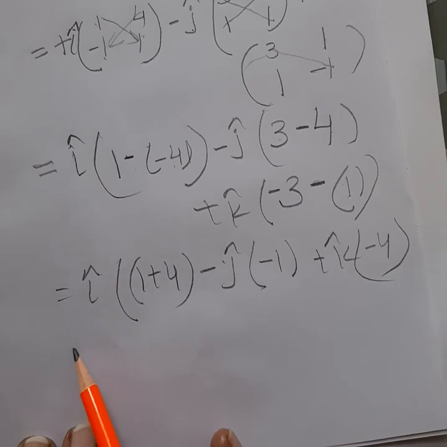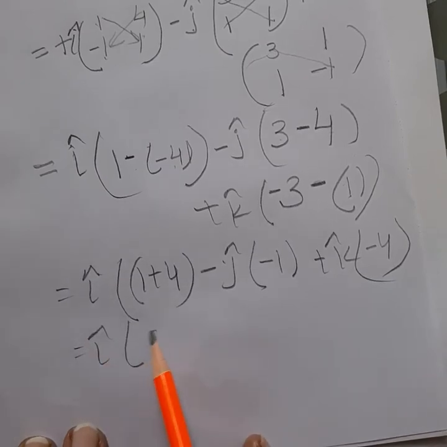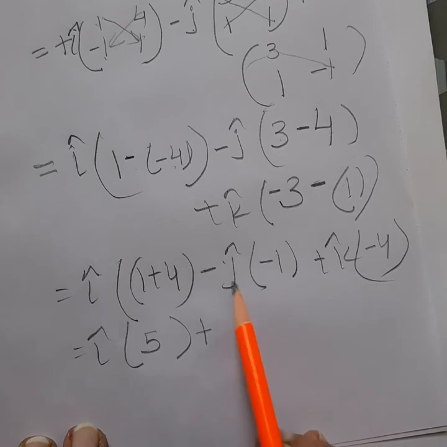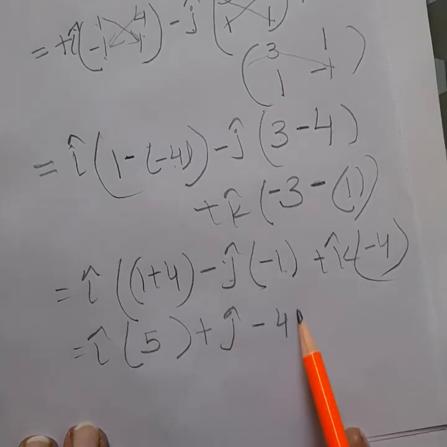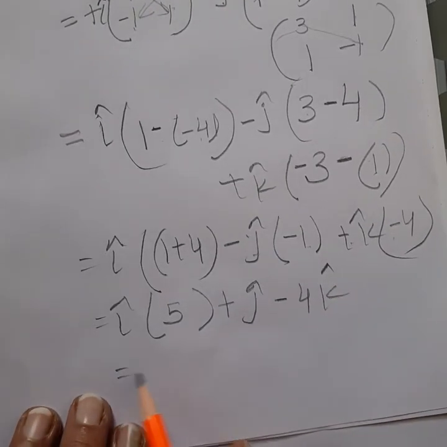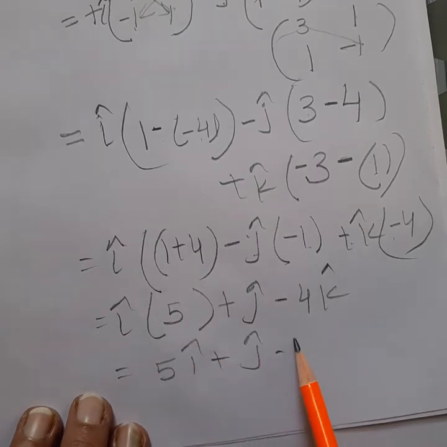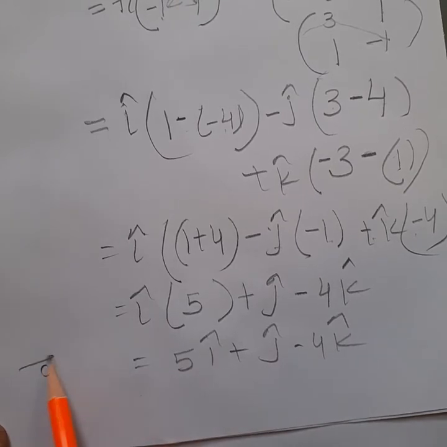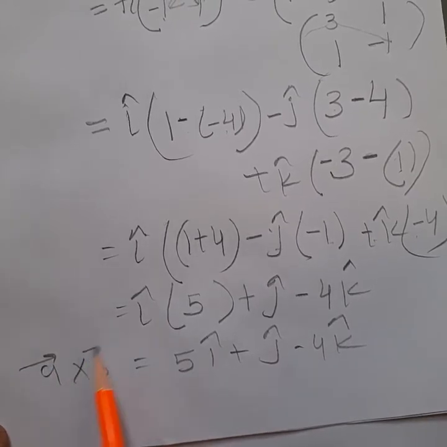In this way you get your answer: you get 5i, and minus minus is plus, and 1 multiply j is j, and in the last we get plus minus minus, and we get 4k. In this way you get 5i plus j minus 4k. This is our a vector cross b vector.